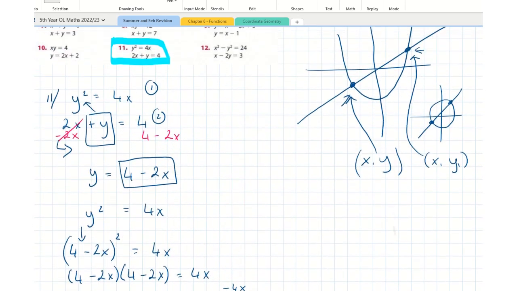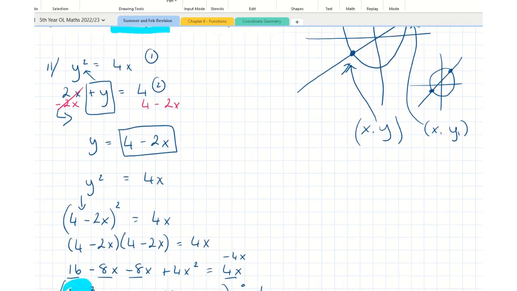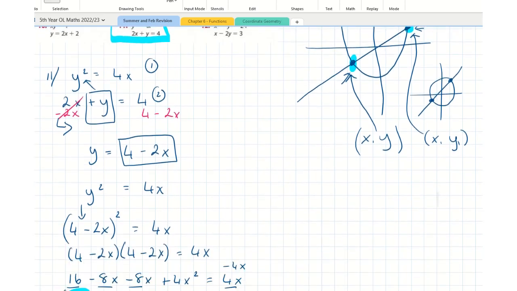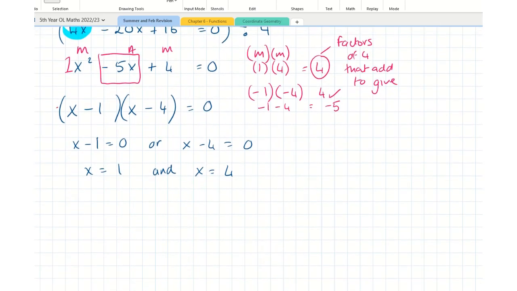So basically I have found the x coordinate here and the x coordinate here, but I need to find the y coordinate. What you do then is you sub the x values into one of the original equations.